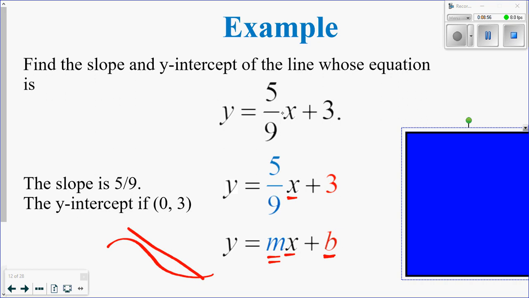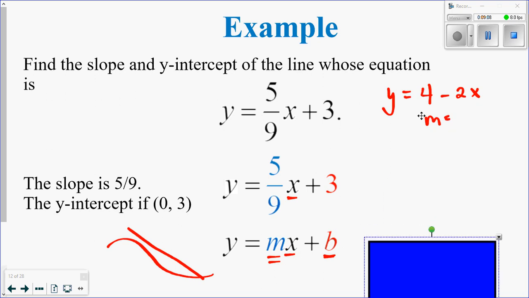So if I had written y equals 4 minus 2x, in this problem my slope is -2, because the slope is the number that's with x, and you have to use the sign that's in front of it. B is your y-intercept. It's the number that is by itself.